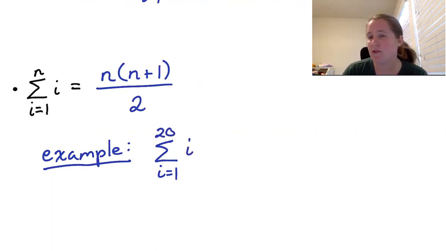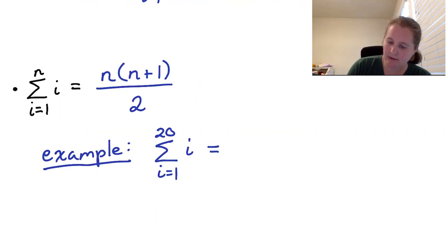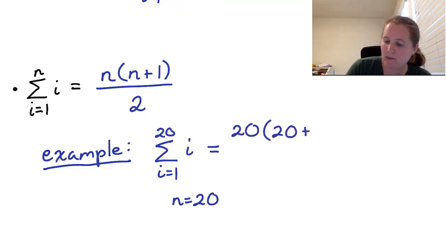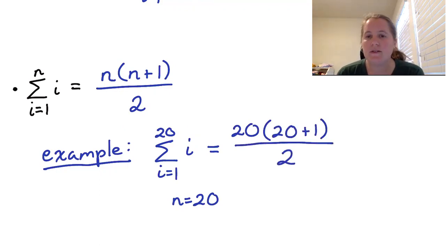So this is 1 plus 2 plus 3 all the way up through plus 20. Then in this case, we have n is 20. And so we would do 20 times 20 plus 1 all over 2. So this is essentially 10 times 21, or 210.